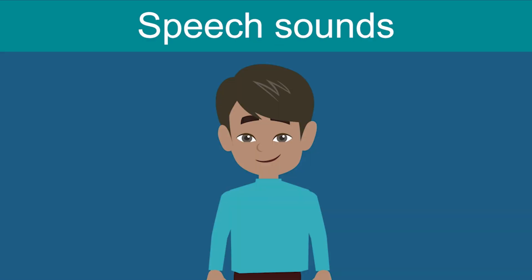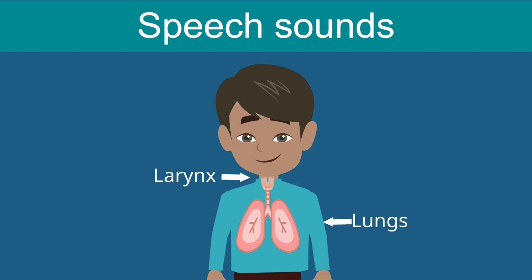Let's start by talking about speech sounds. Making speech sounds is a complicated task. It involves many parts of the body working together in a coordinated way. First, air travels from the lungs into the voice box, also called the larynx. In the larynx, you have vocal cords or vocal folds that vibrate and produce sound.